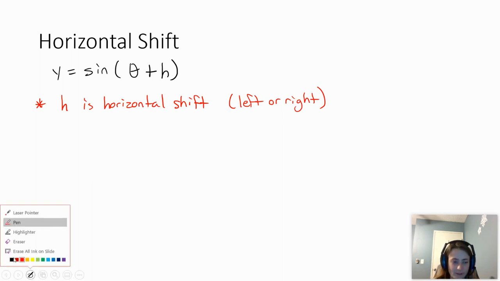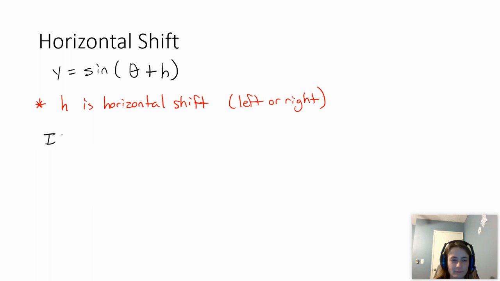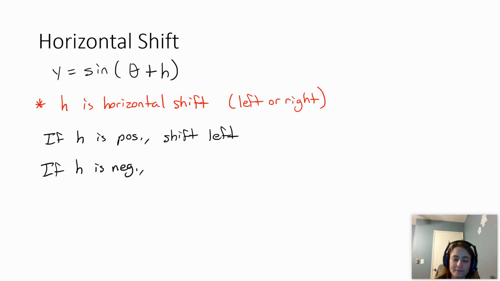And we noticed a couple things. If h is positive, then we shift to the left. And if h is negative, then we're shifting to the right.